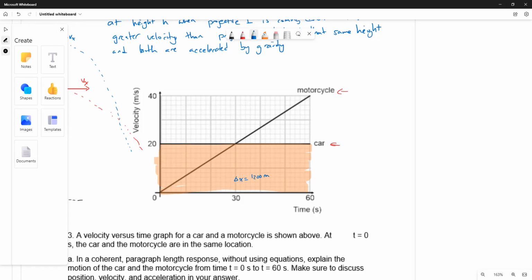And I can do the same thing for the motorcycle. Remember, we're just figuring out what the area is for these two vehicles under the graph. So we looked at the graph of the triangle, from there to there.